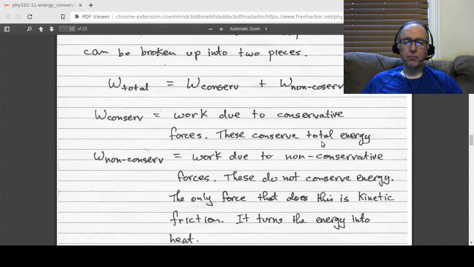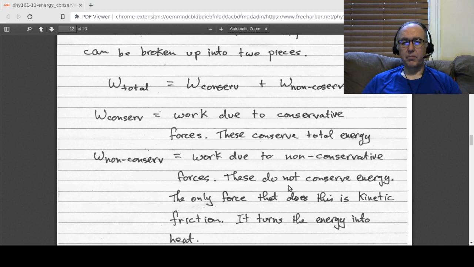Okay, so the conservative forces, they're the forces that basically at the macroscopic level conserve energy. They show energy the same all the way through. Okay, the non-conservative forces, basically they're the forces which convert the energy into heat, which appears to disappear.